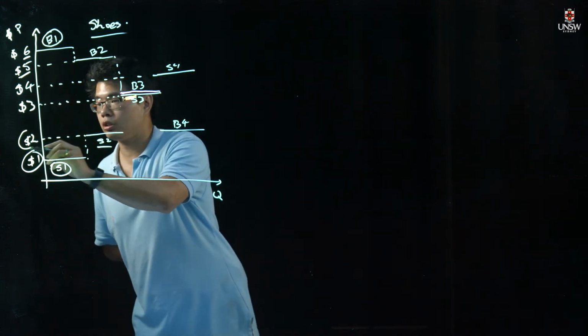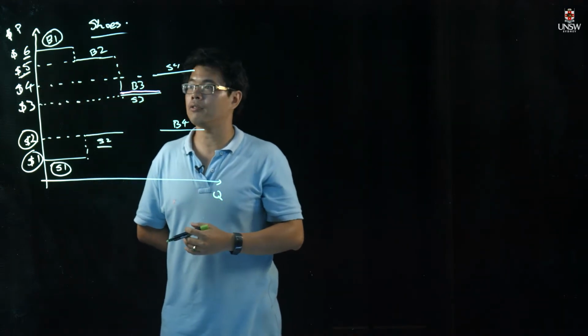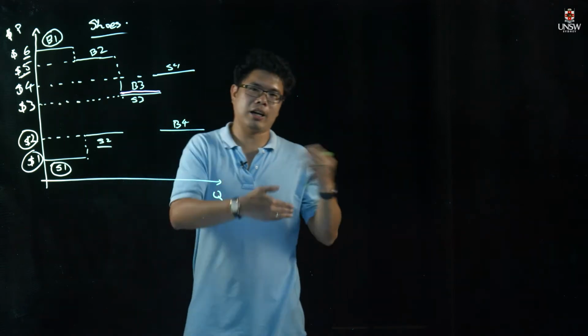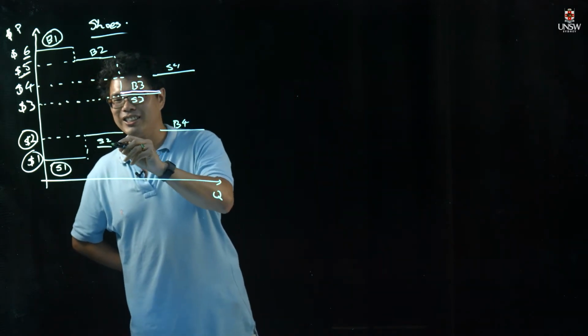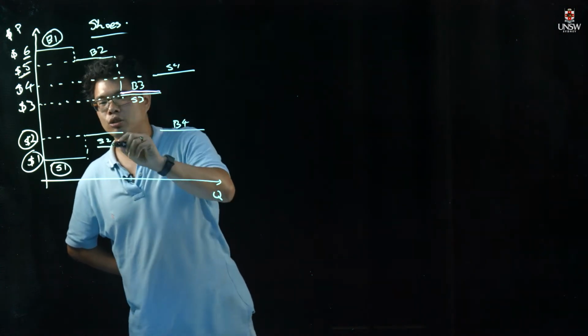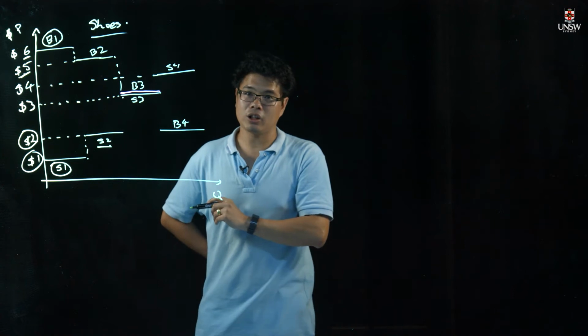My marginal cost is only $2. So I'll sell it at $5. In the next round, buyer one will say, oh wow, it's now $5, so I'm going to go to seller two. In other words, seller one has lost his business.